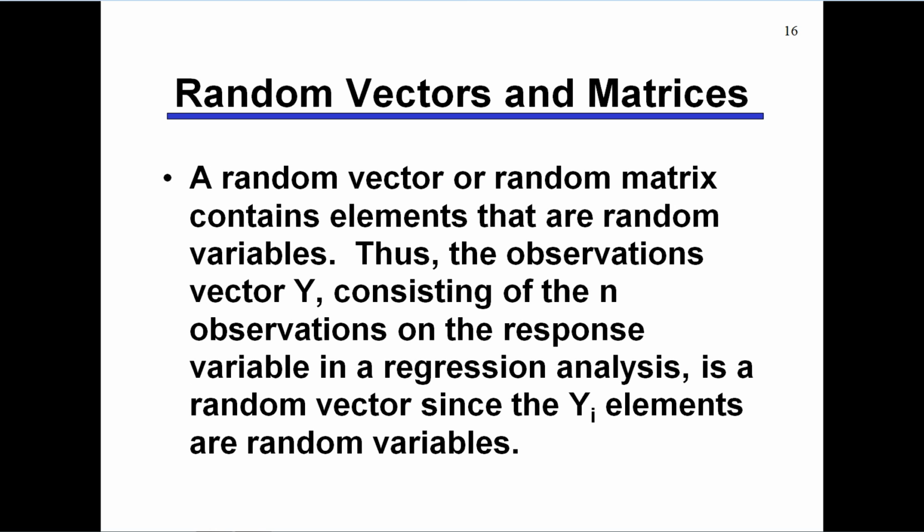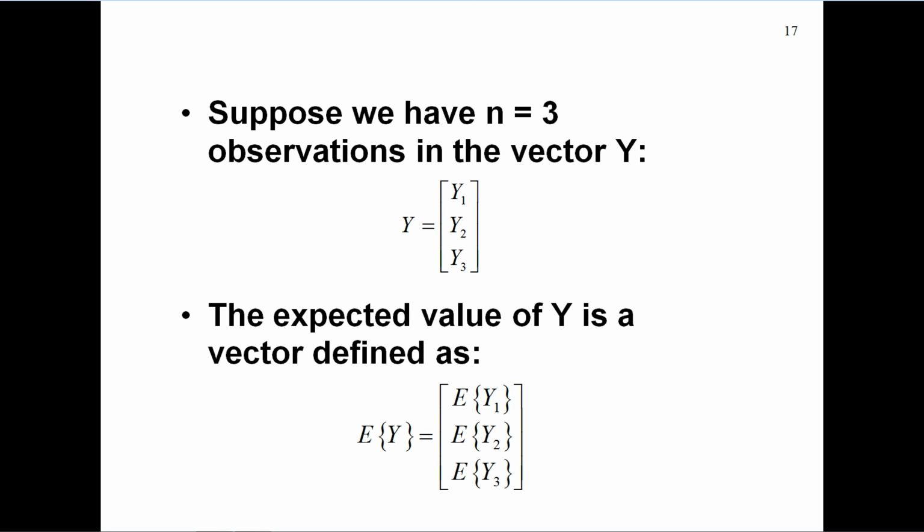Random vectors. Now we're getting into statistical analysis and the idea of random variables. A random vector or random matrix is a matrix or vector that contains random variables. So we talk about our linear regression model, and we know that the observations are random variables, so we can talk about then the observations vector, y, will denote it as being a random vector.